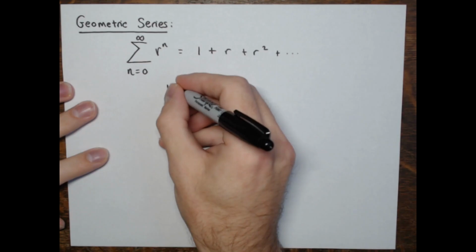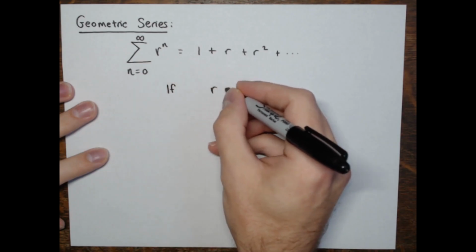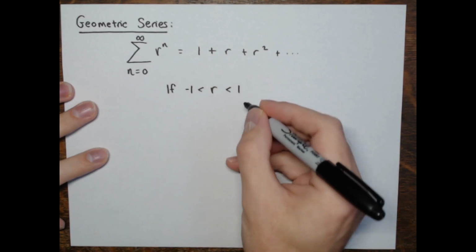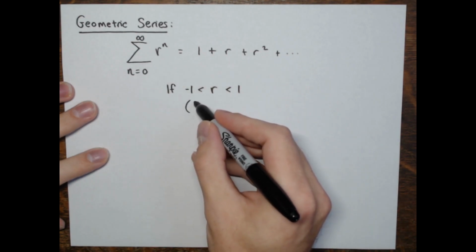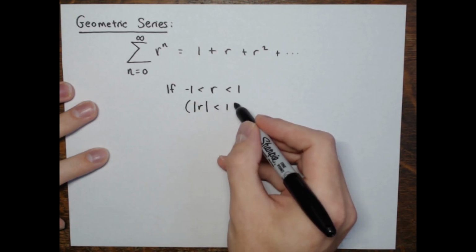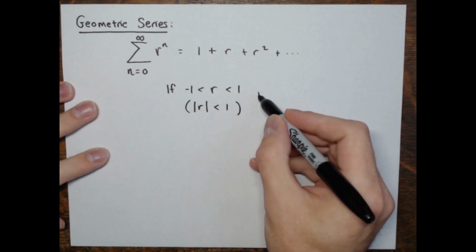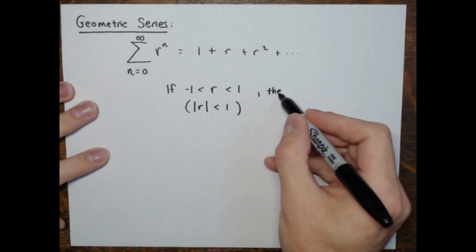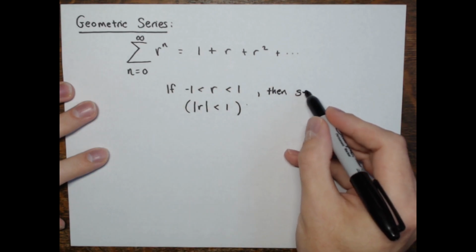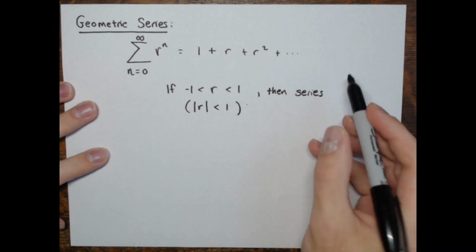So remember, if this common ratio, right, was between -1 and 1, or they might say, the absolute value of the common ratio is less than 1, same thing. Then our basic geometric series here will actually converge to something.